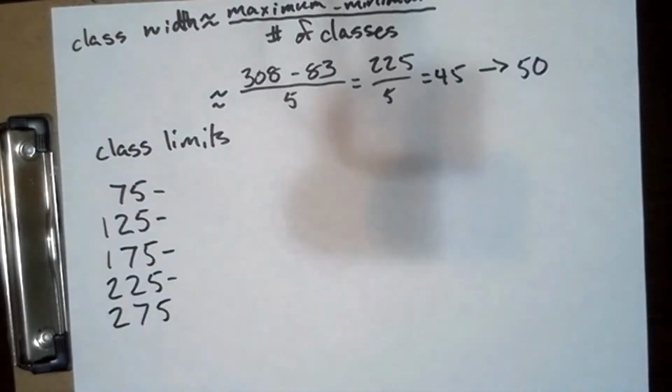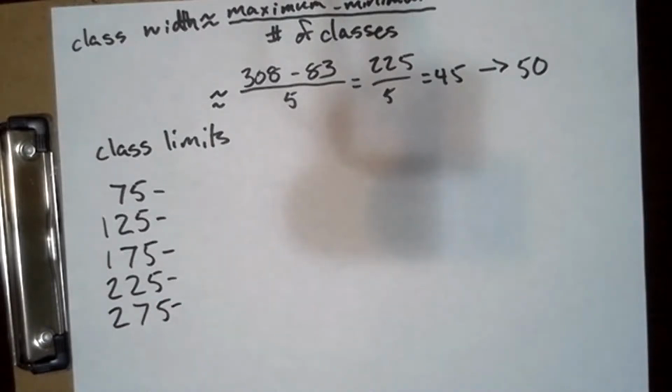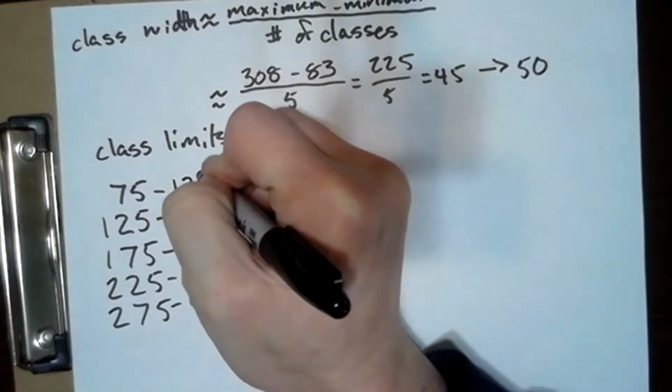275. And then I want to make sure that I have a place to put any data point that shows up. Well, we're using discrete data points that are all rounded to the nearest second. So the closest whole number I can get to 125 without actually being 125 is 124.